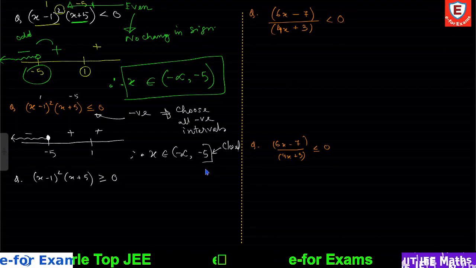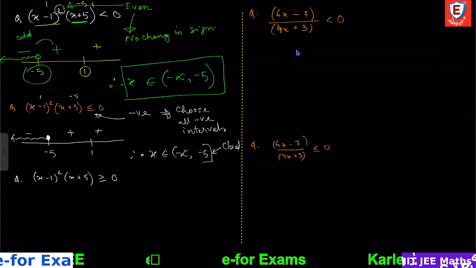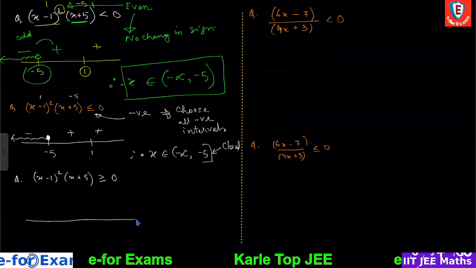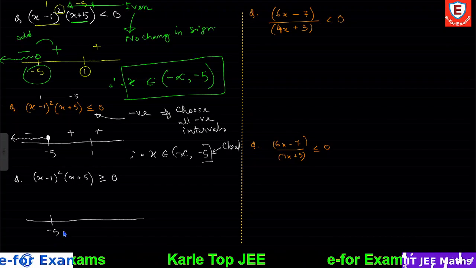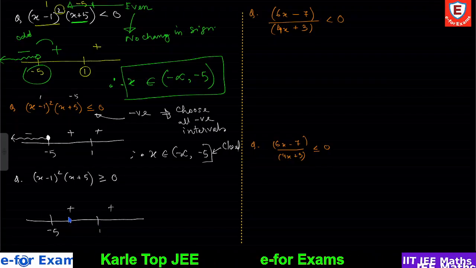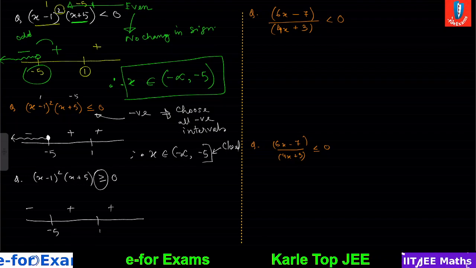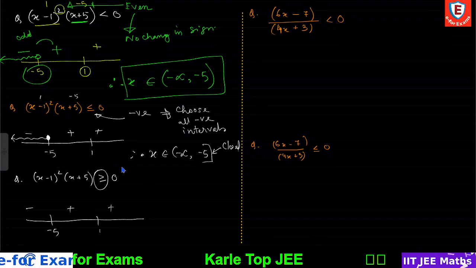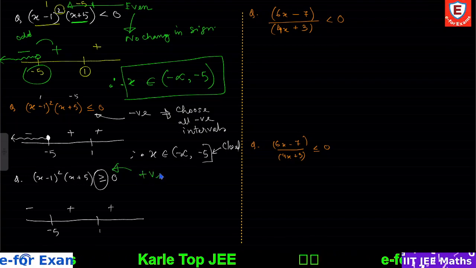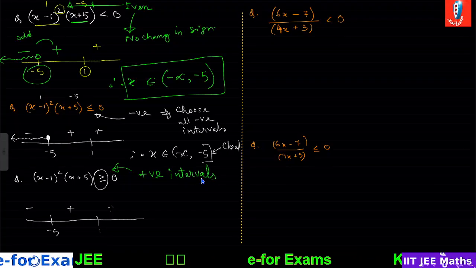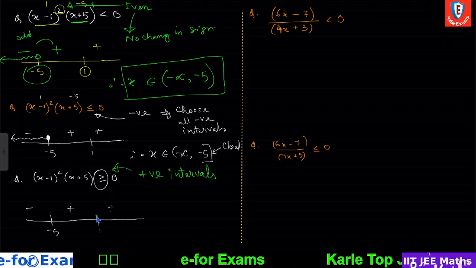Okay. Now for this one, it will be the same thing. Minus 5, 1, plus minus. Here it is greater than or equal to. That means positive intervals. Choose positive interval. Positive interval means here.